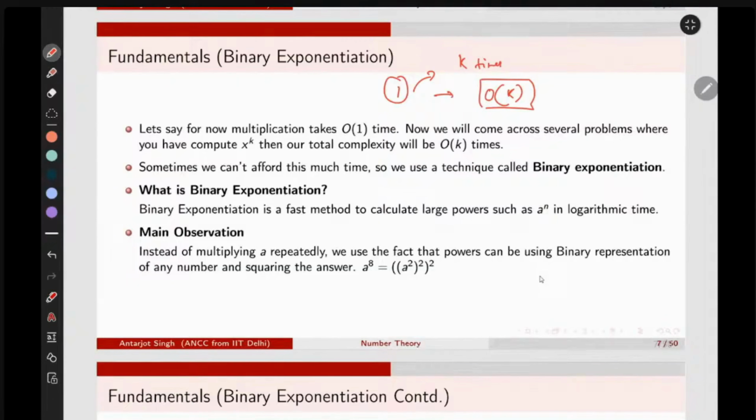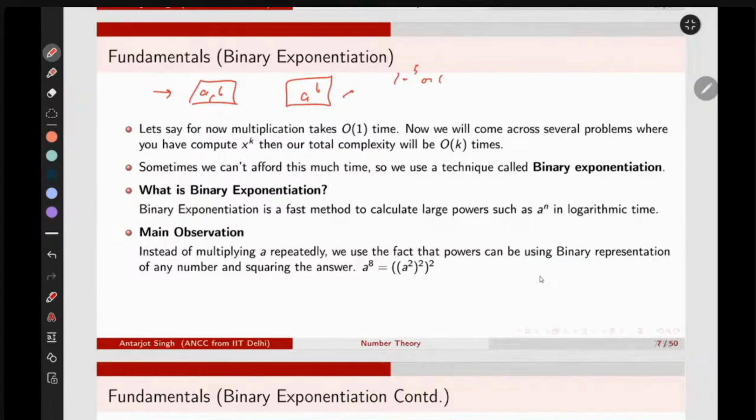Sometimes, let's say there are queries. Every query has A and B, and you have to print A to the power B, right? There are 10 to the power 5 queries, or say 10 to the power 6, and A, B are this large.